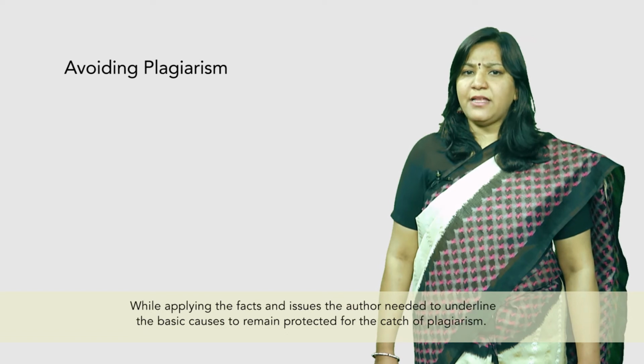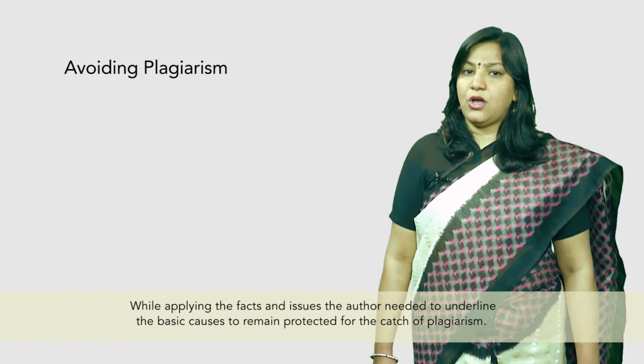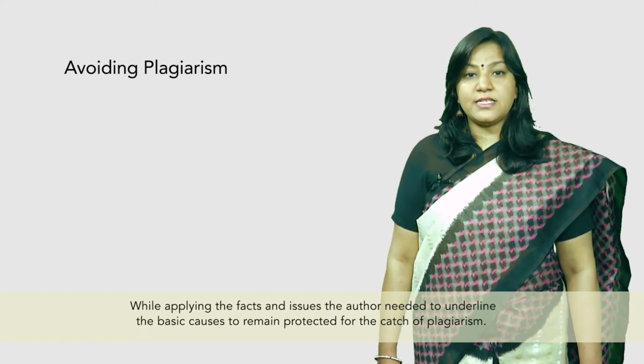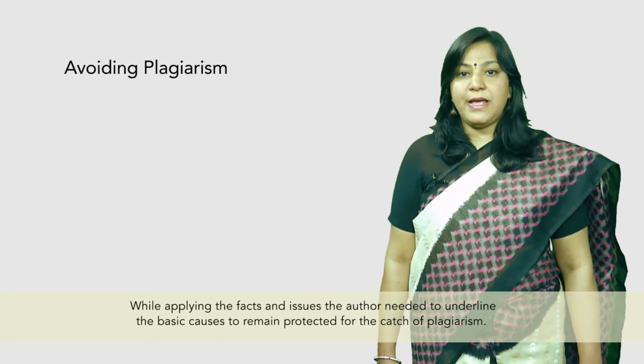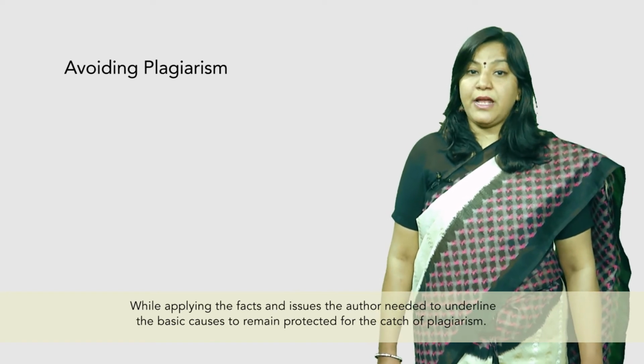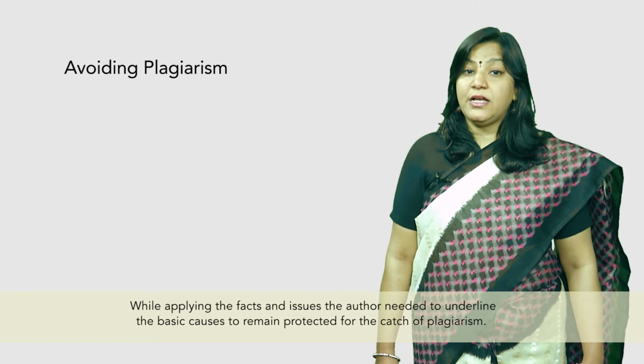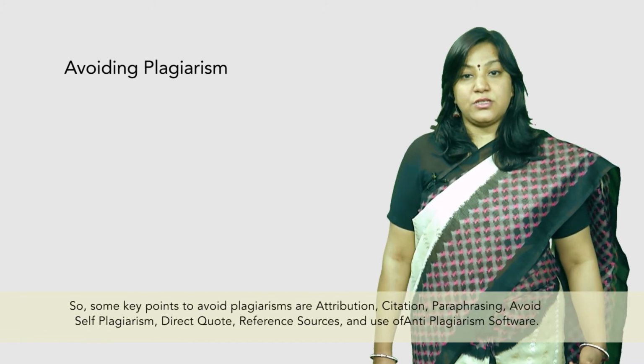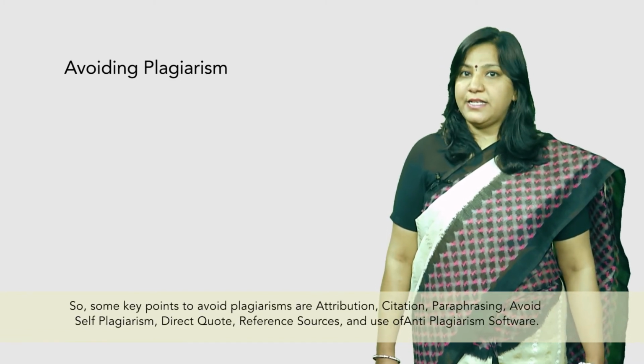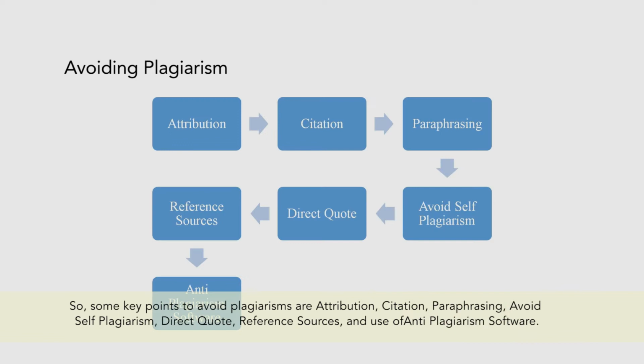While applying the facts and issues, the author needs to understand the basic causes to remain protected from the catch of plagiarism. So some key points to avoid plagiarism are attribution, citation, paraphrasing, avoiding self-plagiarism, direct quotes, reference sources, and use of anti-plagiarism software.